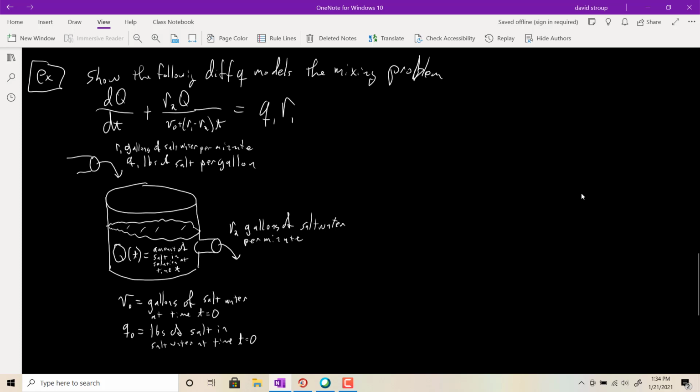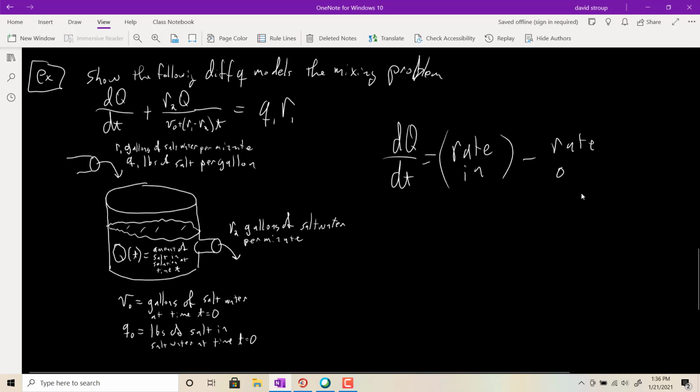So it's kind of a neat thing to work with. We just want to show that this differential equation works for this problem, and the way to do it is to say the rate of change of the solution with respect to time is just the difference between the amount of salt going in and the amount of salt going out. Simple, right? So maybe I should put salt rate in and salt rate out.